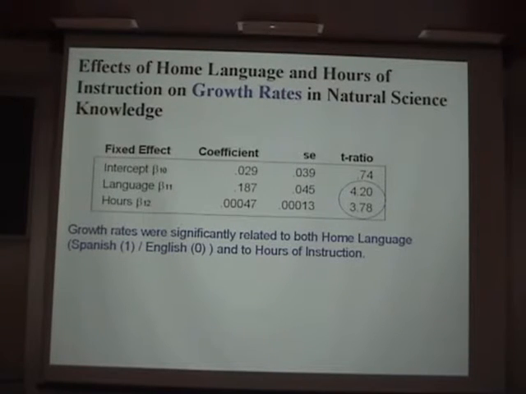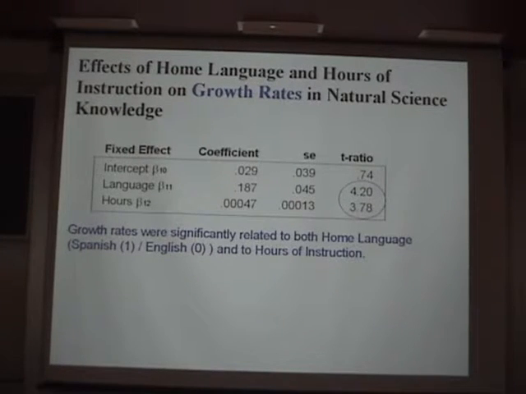Is that holding constant the effect of initial status and hours at 0.187? It holds constant hours, but it doesn't hold constant initial status. Initial status is a dependent variable. Well, it's not in this case. It's a slope, but it's not. The intercept is not considered here.